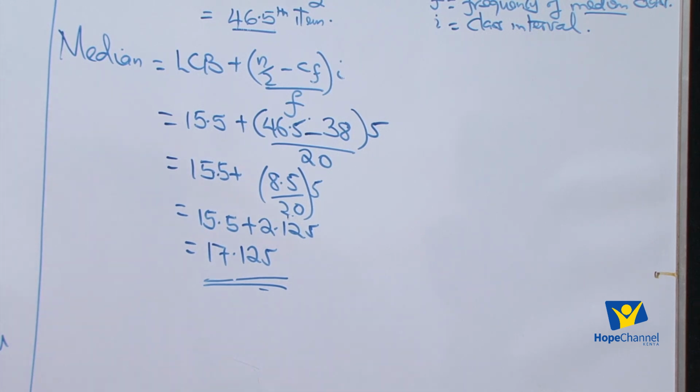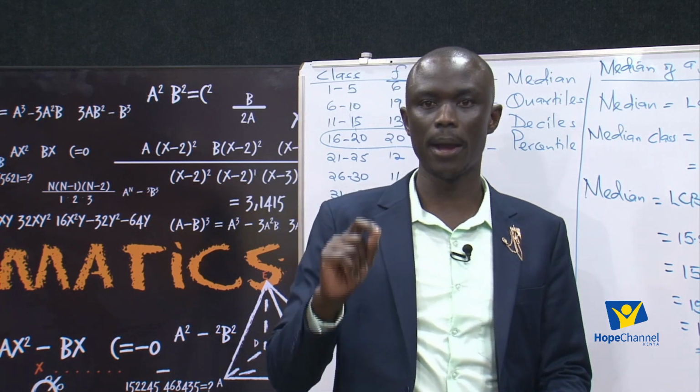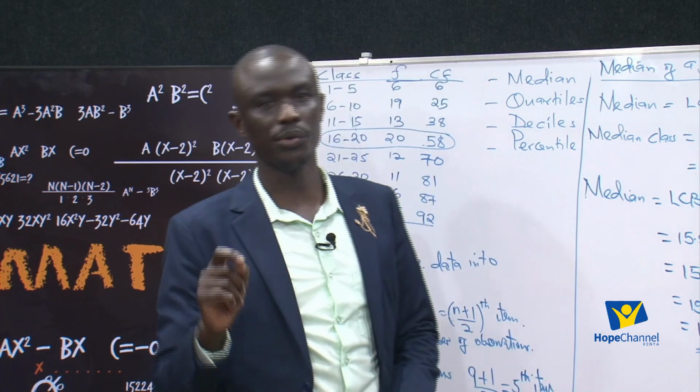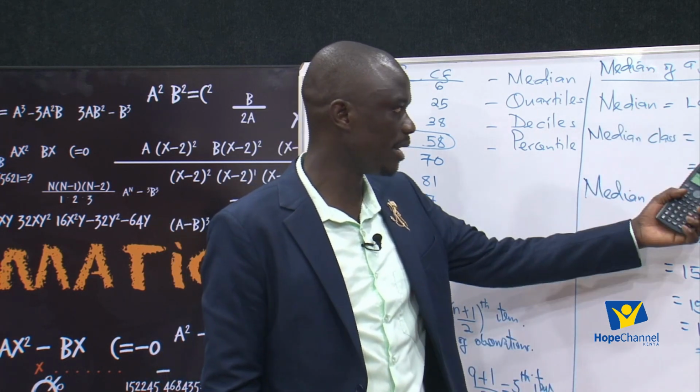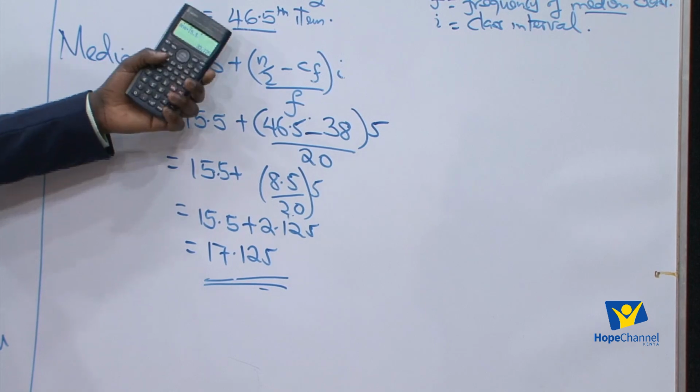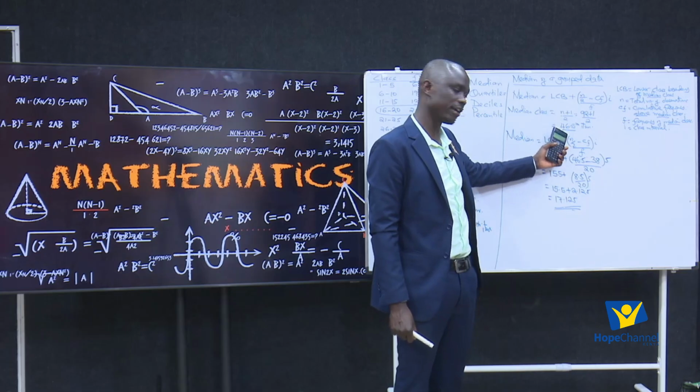So as a reminder, for you to calculate the median of a group data, the first thing you're supposed to do is to calculate the median item. The median item, we said, is n plus 1 divided by 2.